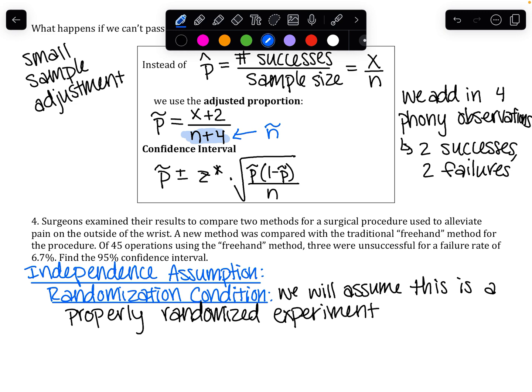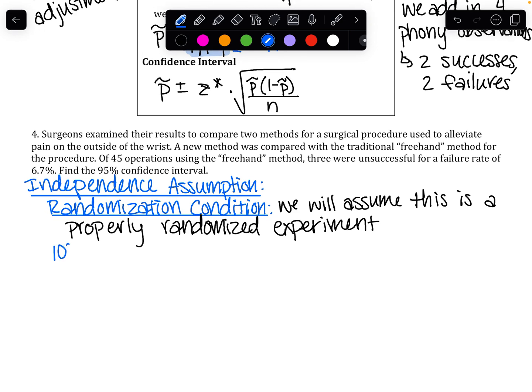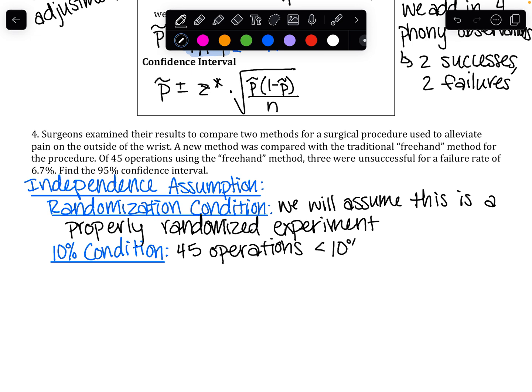Okay, 10% condition. We have 45 operations, and let's just assume that that's less than 10% of all operations of this kind.